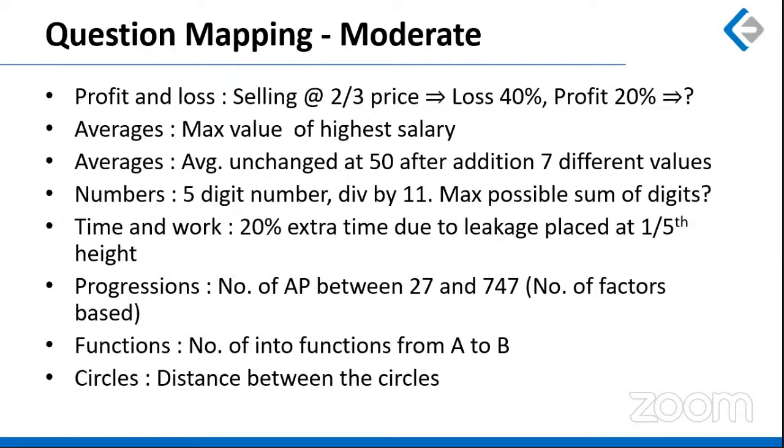Transverse tangent was given, we had to find the distance between the centers, and once you subtract the radii of the two circles, you can get the distance between the circles. So this was entirely dependent on whether you know the formula of the transverse common tangent or not.